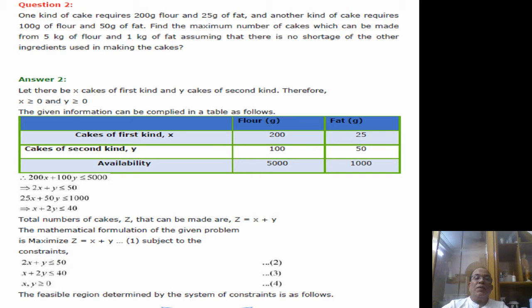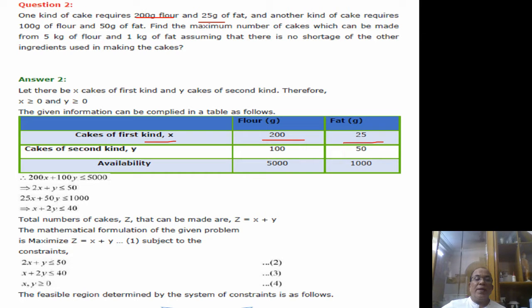So, in the question, see again what is required for the first kind of cake, that is x. We are given 200 gram of flour and 25 gram of fat. So in the flour column we will write 200 and in the fat column we will write 25.